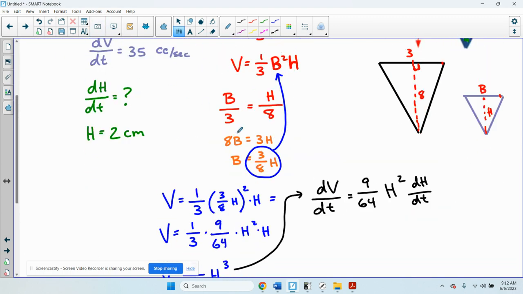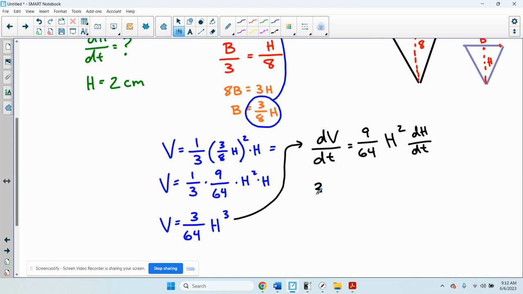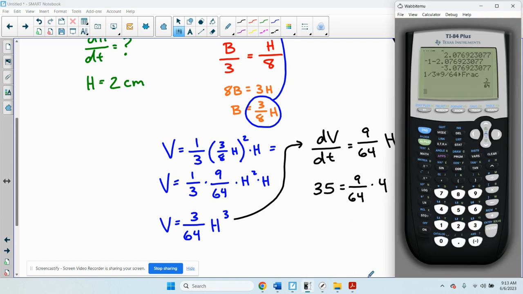So plugging those values in, I get 35 equals 9/64 times 2 squared, which is 4, times dH/dt. I do 35 divided by 9 divided by 64 times 4.